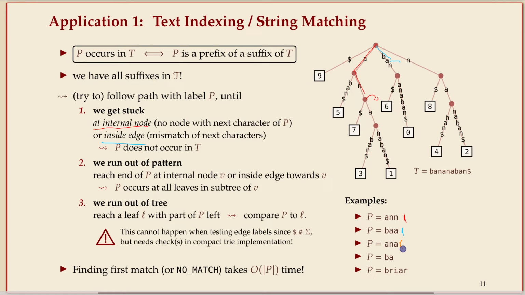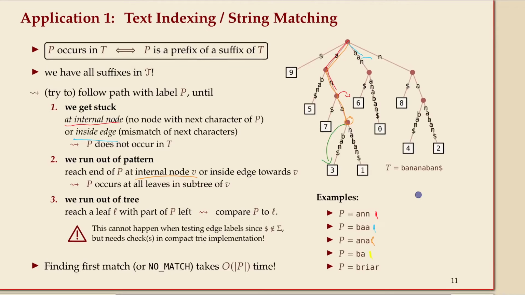Anna was the example from before, so maybe we can skip that one, right? That was ANA. So we end at an internal node, and then we can use the green pointer to jump and report 3 as one match. BA, okay, yellow was maybe a mistake.